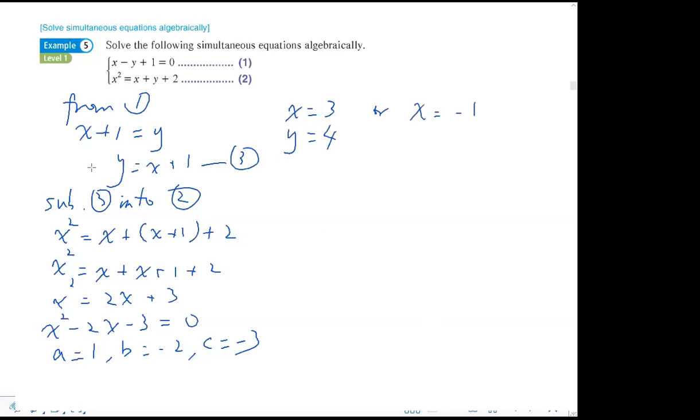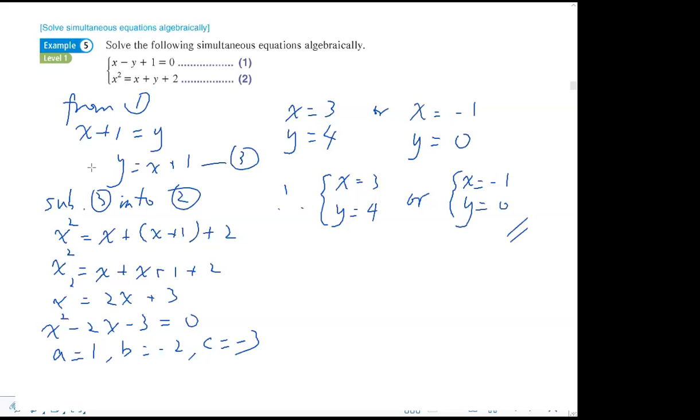And then when x is equal to -1, y is equal to 0. Okay, so now we have two pairs of answer. Just write down the conclusion. Therefore, x is equal to 3 and y is equal to 4 is a pair of answer. Or the other possible answer will be x equals -1 and y equals 0. Okay, so that is the answers for this example 5.